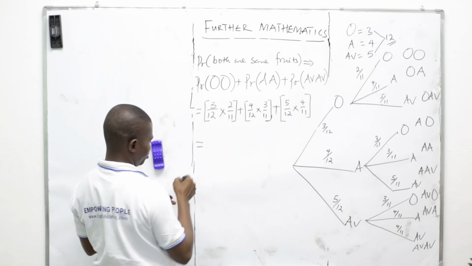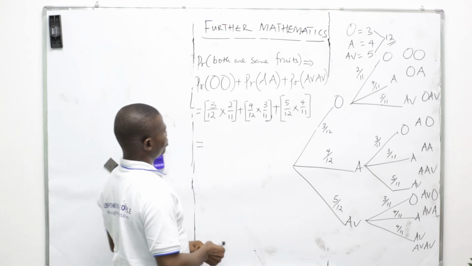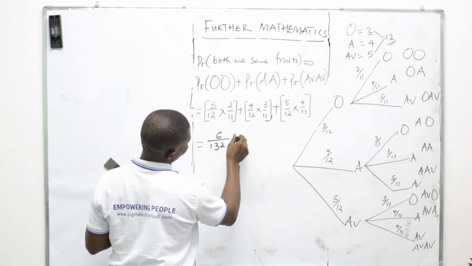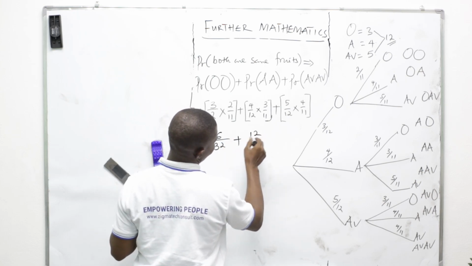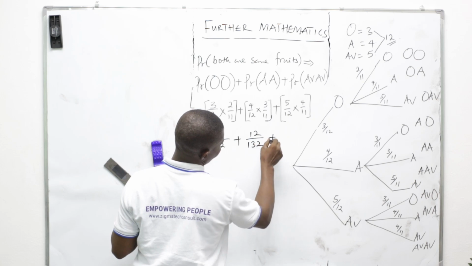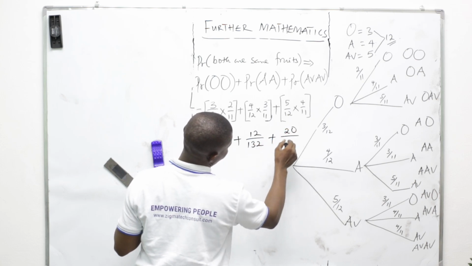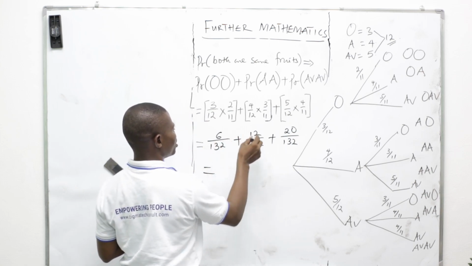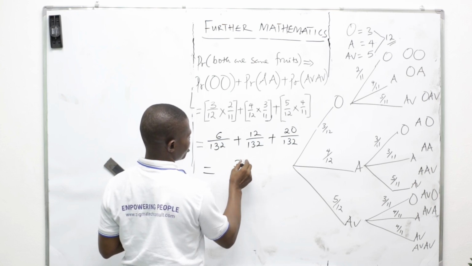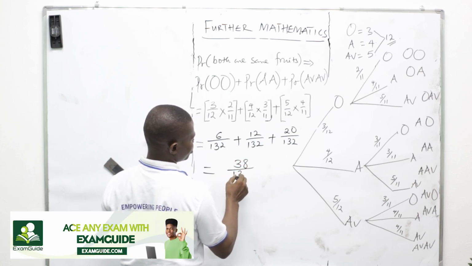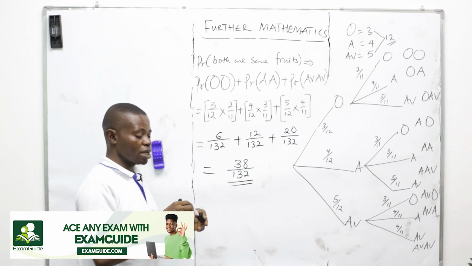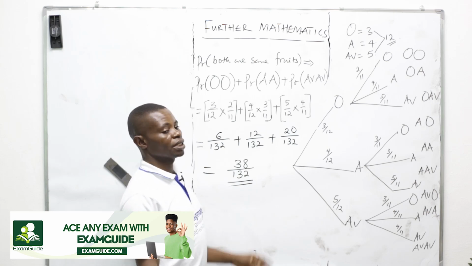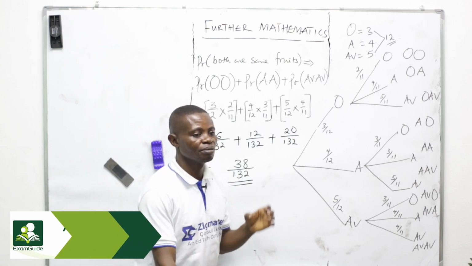This will give us 6 all over 132 plus 12 all over 132 plus 20 all over 132. Solution becomes 38 all over 132. So 38 all over 132 is the probability that both are the same fruit.